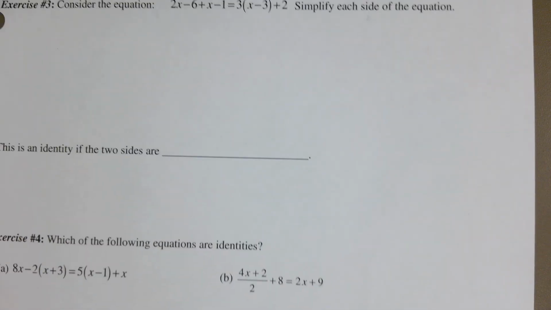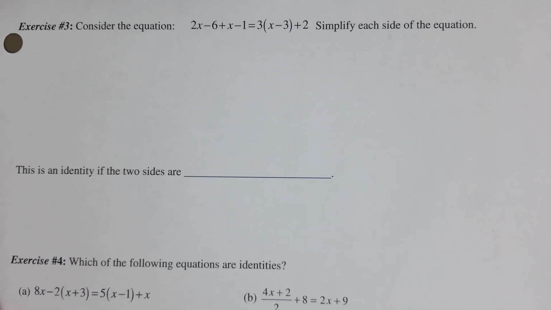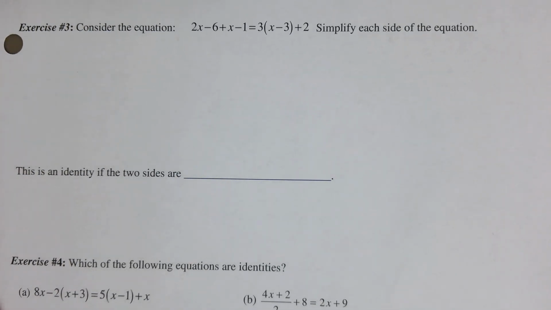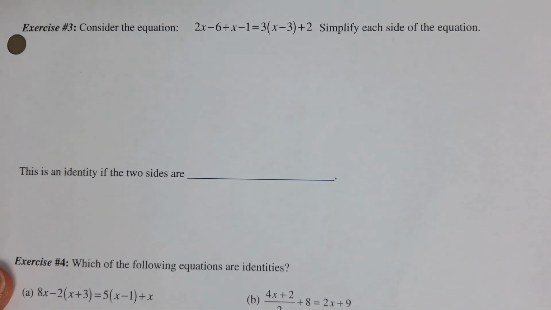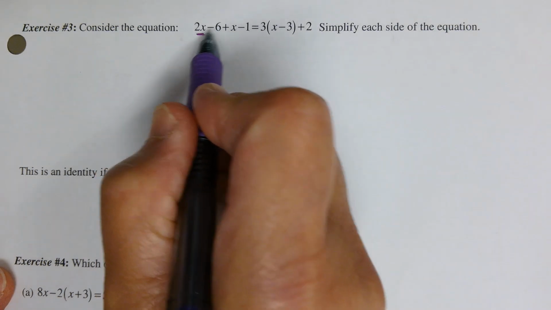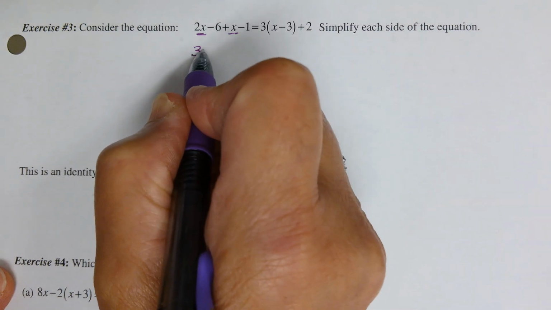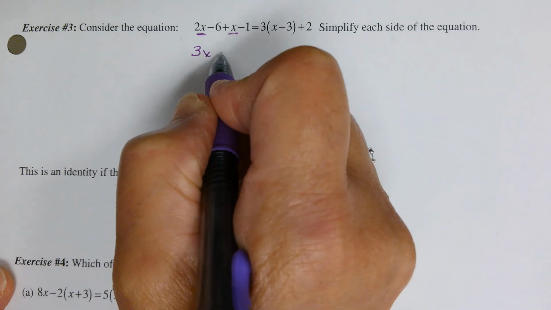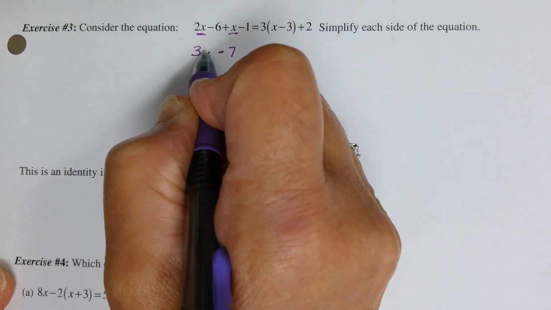Next, on to page 5, consider the equation 2x minus 6 plus x minus 1 equals 3 times x minus 3 plus 2. Simplify each side of the equation. Combining like terms, that's 3x, negative 6 and negative 1 is negative 7.